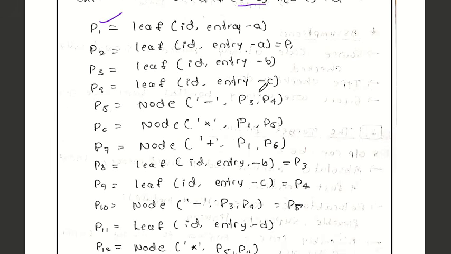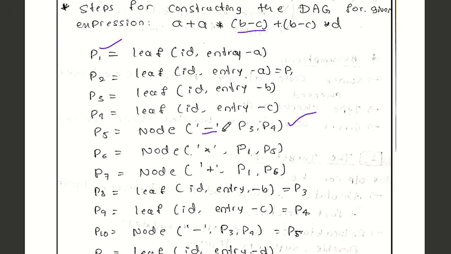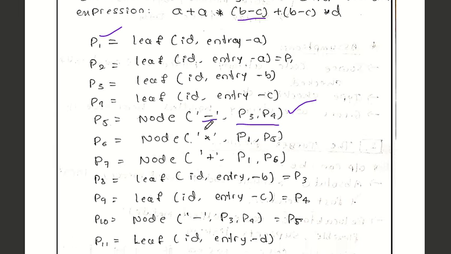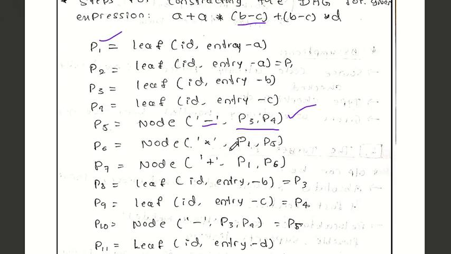When we subtract, we have to follow this production rule: P5 equals node in brackets. You need to write which operation you are doing and which variables. So P3 and P4 are the productions, and for them we are applying the subtraction. Like that, the step procedures, productions, and rules are there.